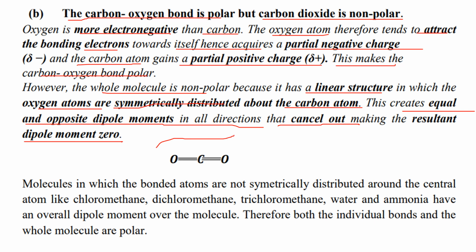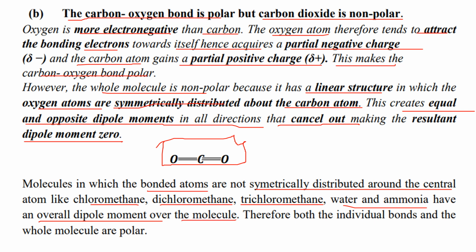That's why the whole molecule of carbon dioxide is nonpolar. So we're going to conclude by saying that molecules in which the bonded atoms are not symmetrically distributed around the central atom, like chloromethane, dichloromethane, trichloromethane, water, and ammonia, are going to have an overall dipole moment over the molecule, and therefore both the individual bonds and the whole molecule are going to be polar.